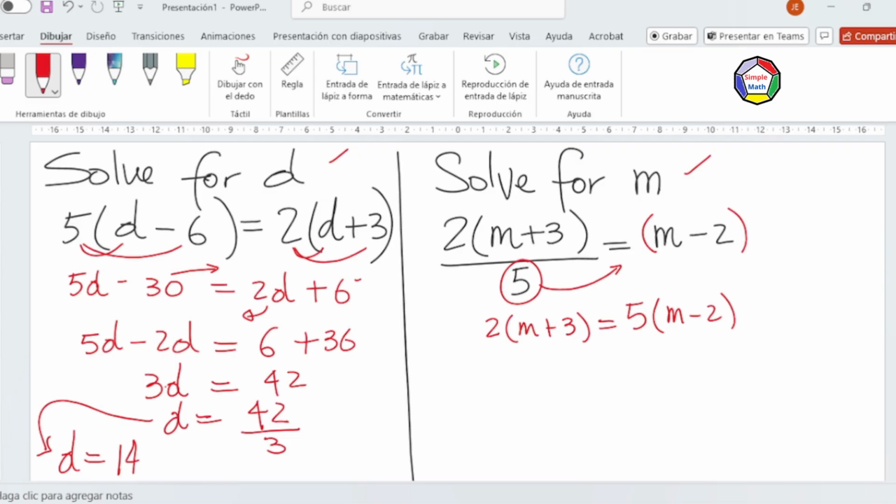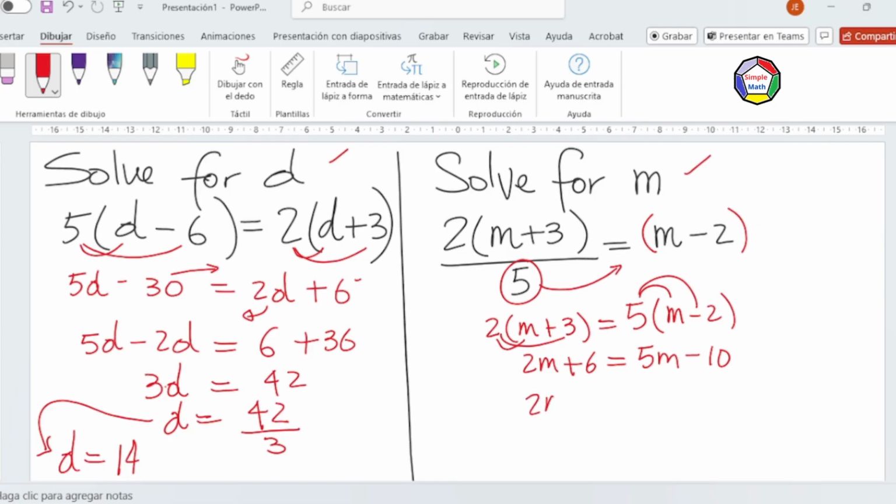Now I can use the distributive property on both sides. So here I have 2m plus 2 times 3, 6, equal to 5 times m, 5m, and 5 times minus 2, negative 10.